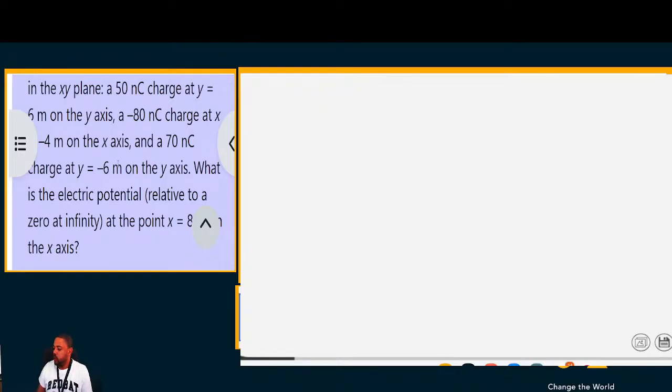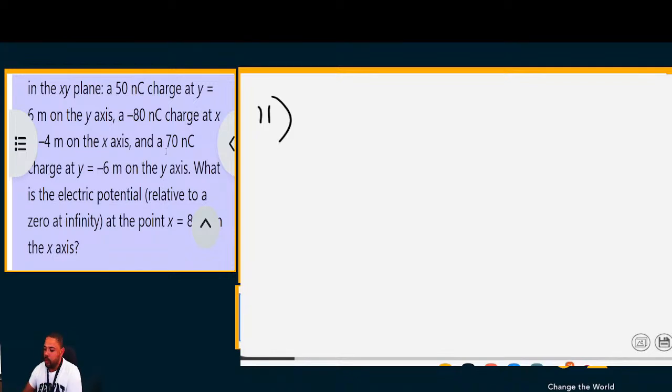Okay, so this is question number 11. Okay, that's better. So question 11, we have three charged particles and they are positioned in the XY plane.